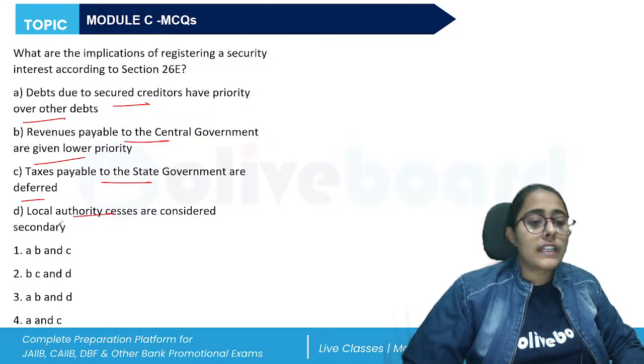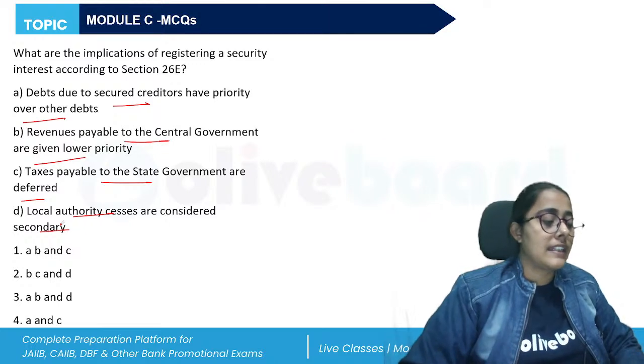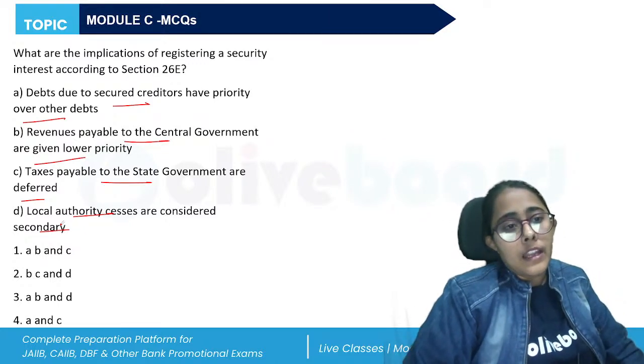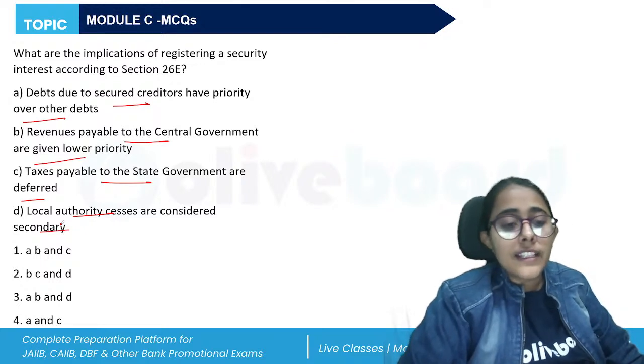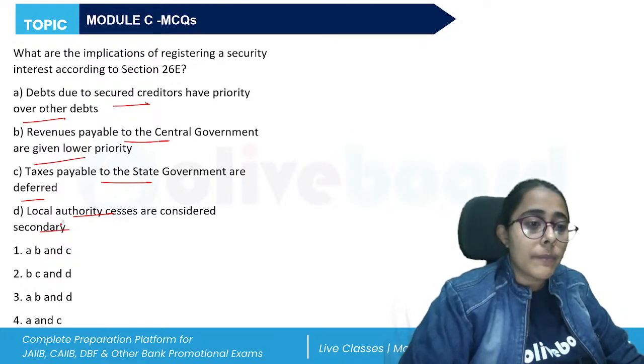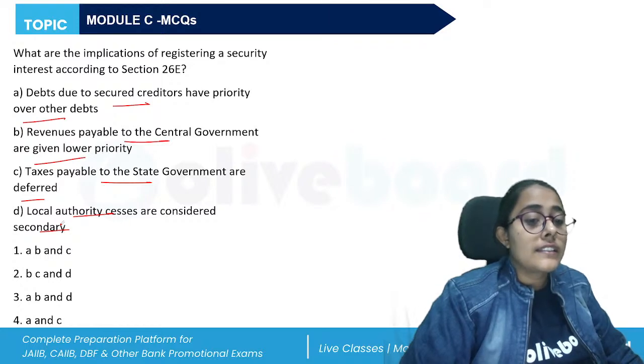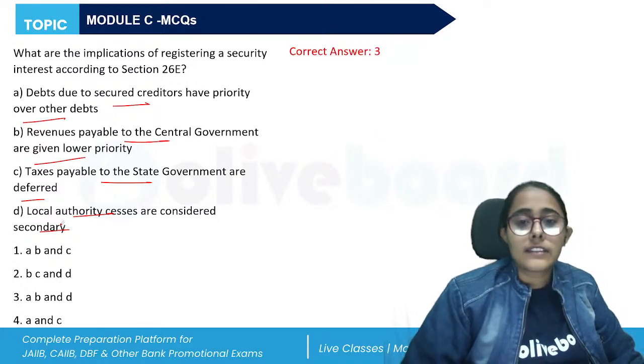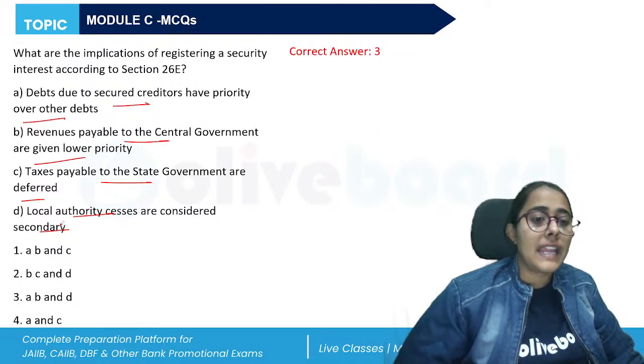And the local authority cesses are considered secondary. Which of the following are correct? Are the secured creditors given priority over the central government, or the taxes to the state government are deferred, or the local authority cesses are considered secondary, or they are given lower priority? So the correct answer is option 3, that is A, B and D.